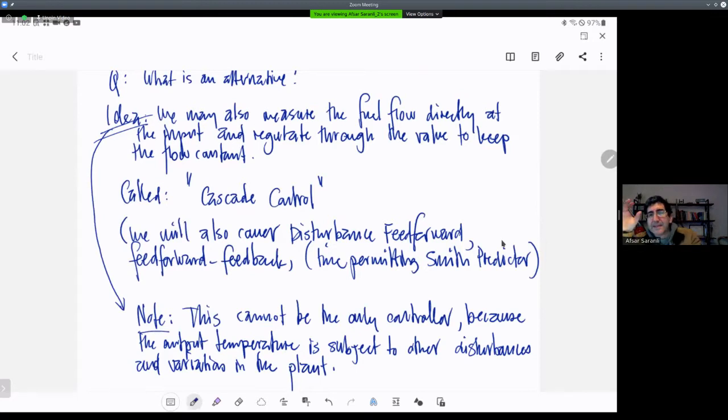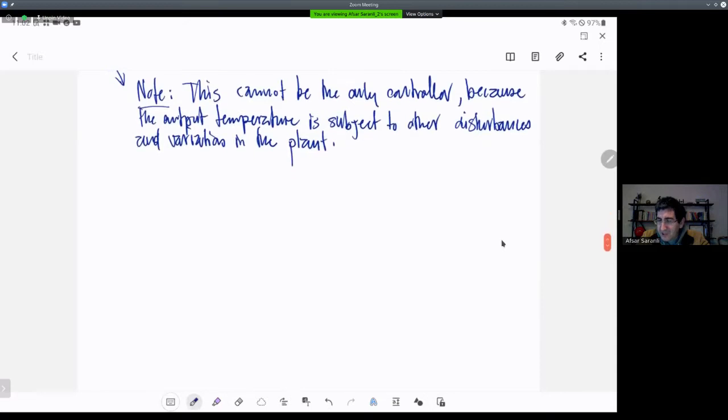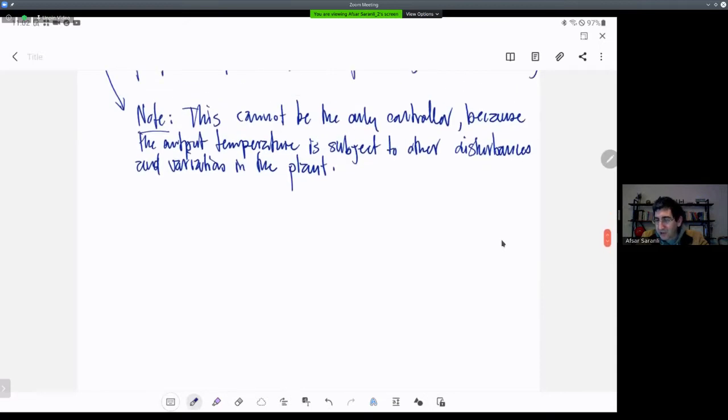So we also need the original controller, which is based on the output of the process. So let me sketch the new architecture.